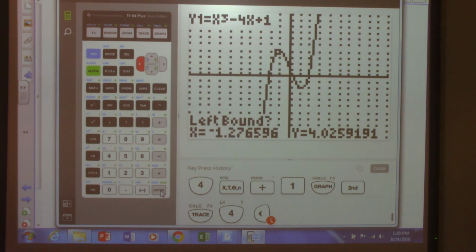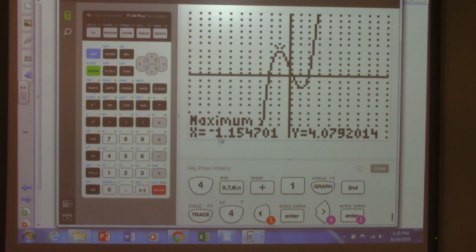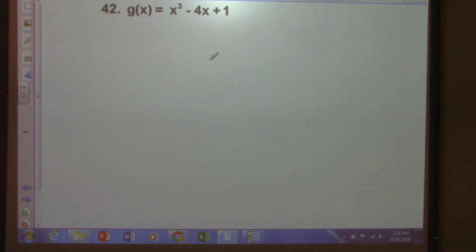Okay, press enter, then go to the right, press enter twice. So we get negative 1 point, it says to the nearest 100ths, right? Or 2 decimal places. So we have negative 1.15 comma 4.08, right? And this is where a maximum occurs.